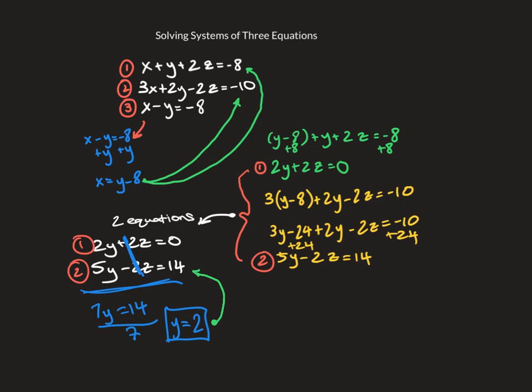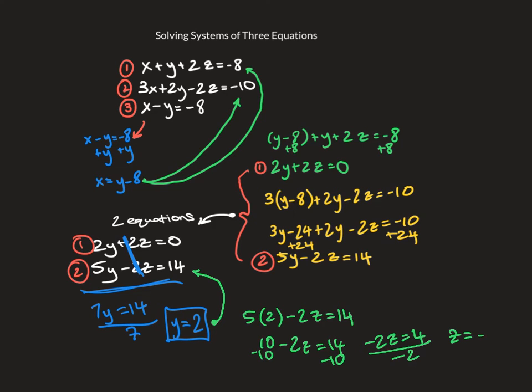So now we'll be left with 5 times 2, which is our y value, minus 2z is equal to 14. 10 minus 2z is equal to 14. Subtract 10 from both sides. Minus 2z is equal to 4. Divide by negative 2. Z equals 4 divided by negative 2. That will be negative 2.